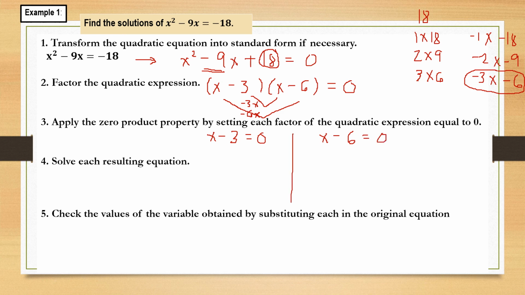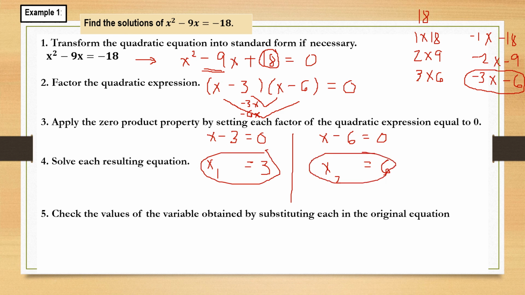And then step 4, solve each resulting equation. Solve for x. So we have x is equal to, transpose negative 3 from the left side of the equation to the right side. So it becomes positive 3. Next, we have x is equal to 6. So x sub 1 is 3, x sub 2 is positive 6.